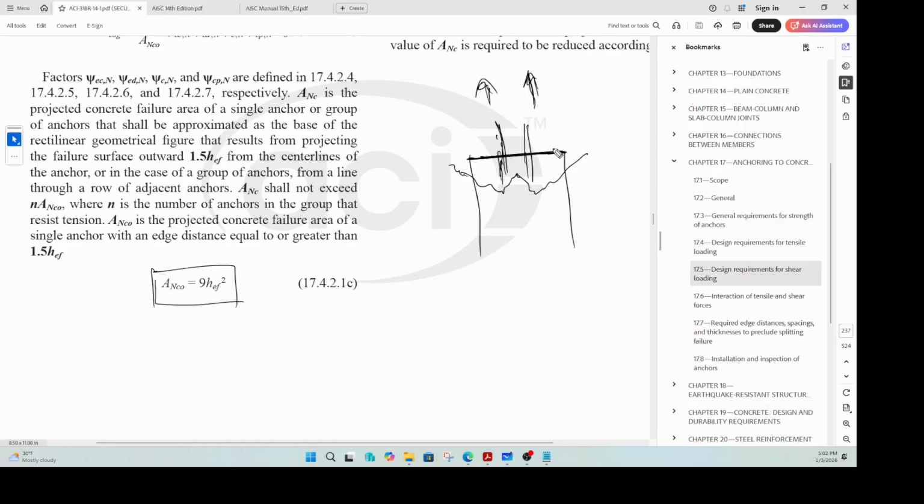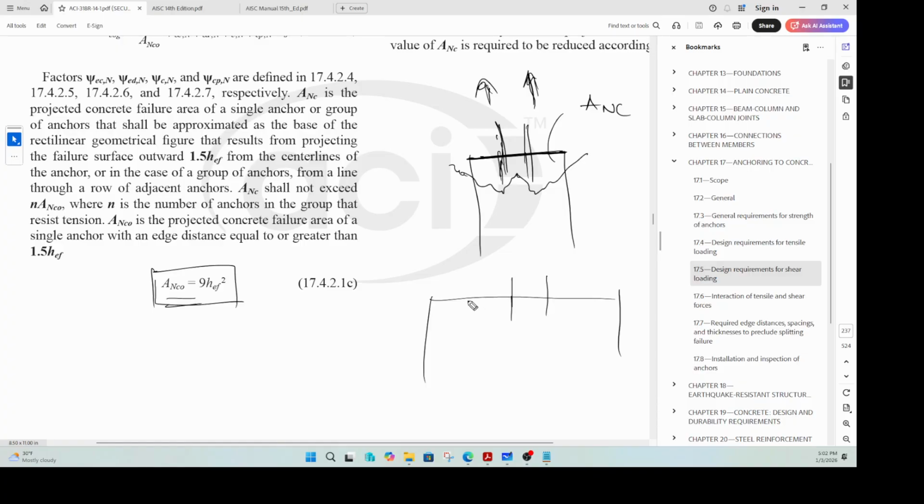Okay, so based on this failure surface, you have to calculate your ANC, and then ANCO here is for when there are no constraint related issues. So imagine you have huge concrete and your anchor bolt is here, anchor bolt is there, there is another anchor bolt there, right?